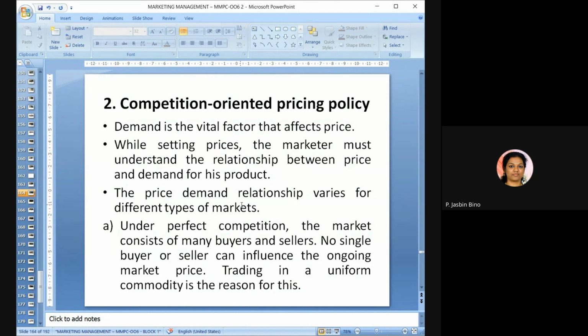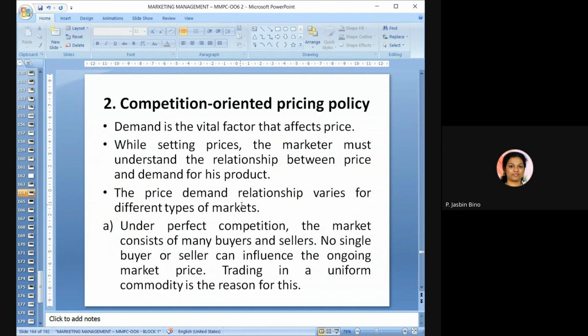There are different competition levels, different types of markets, like perfect competition market, oligopoly market, duopoly market, and monopoly competition market. Under a perfect competition market, there are many buyers and many sellers.